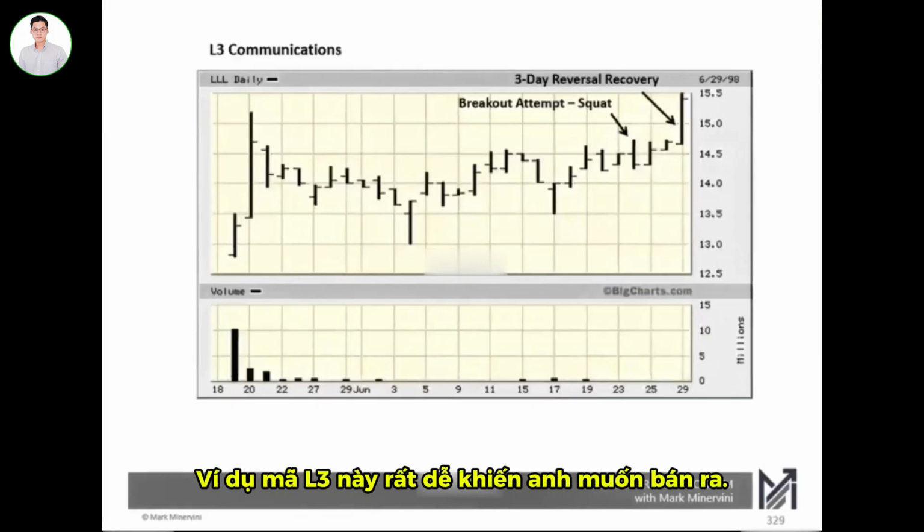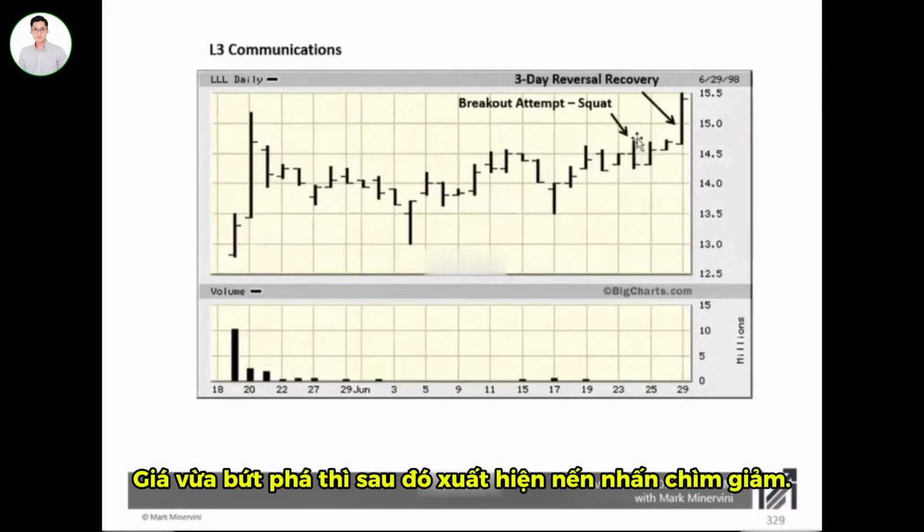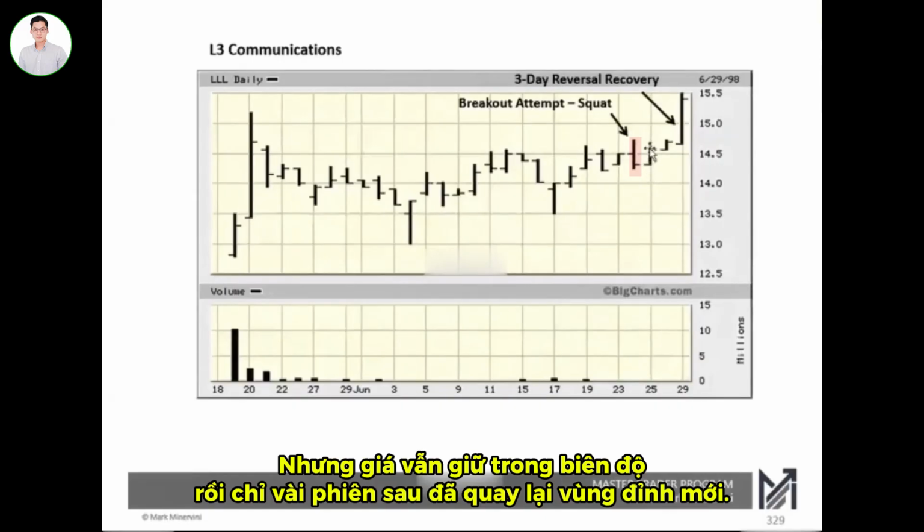L3 Communications is one where you can very easily make a case for selling, because you come out here and then you engulf the previous day. So you get a bearish engulfing, but you see it stays inside, and a couple of days later you're back in new high ground.